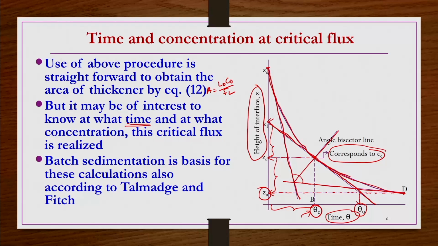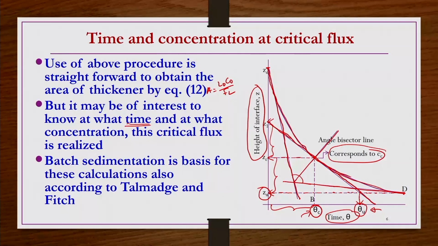The corresponding time is nothing but theta u. This theta u is what we are going to use for the area calculation. So, this is additional information before going for the area calculation. In addition, when we do this process, we are able to find out the critical time and the concentration at critical flux through these 2 points.